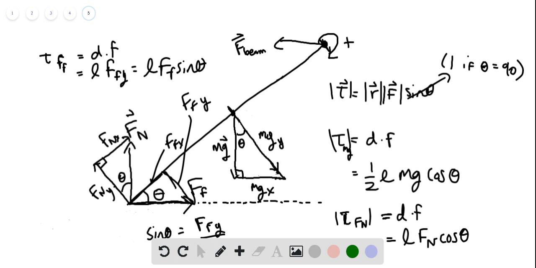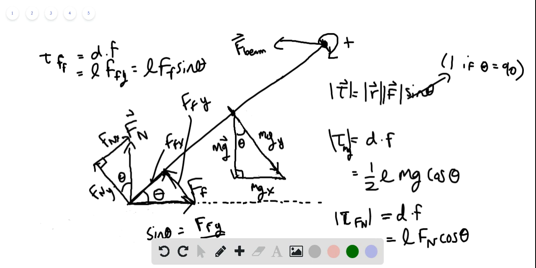The frictional force also follows the positive direction. I have that drawn the wrong way, but it should be an up arrow there, not down. The frictional force and the normal force are pointing up, and the weight force is pointing down, and that's essentially where we get all of our signs.